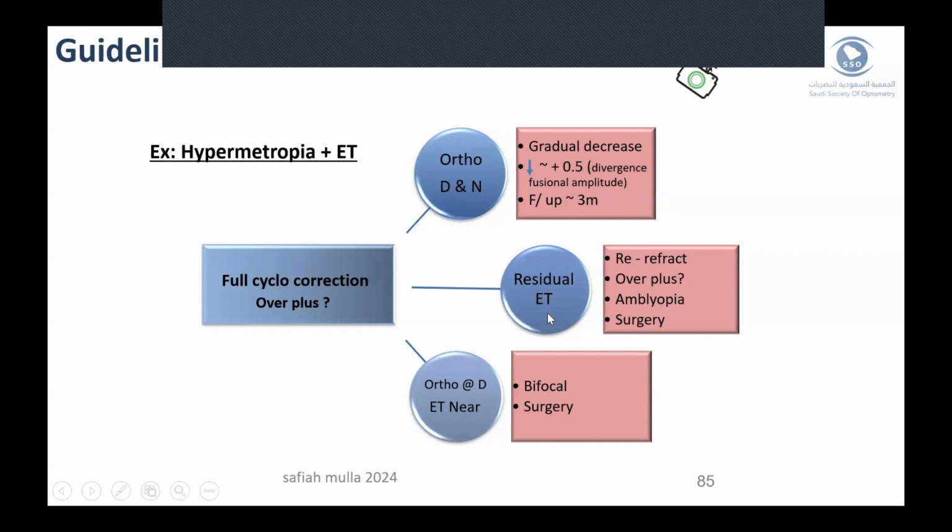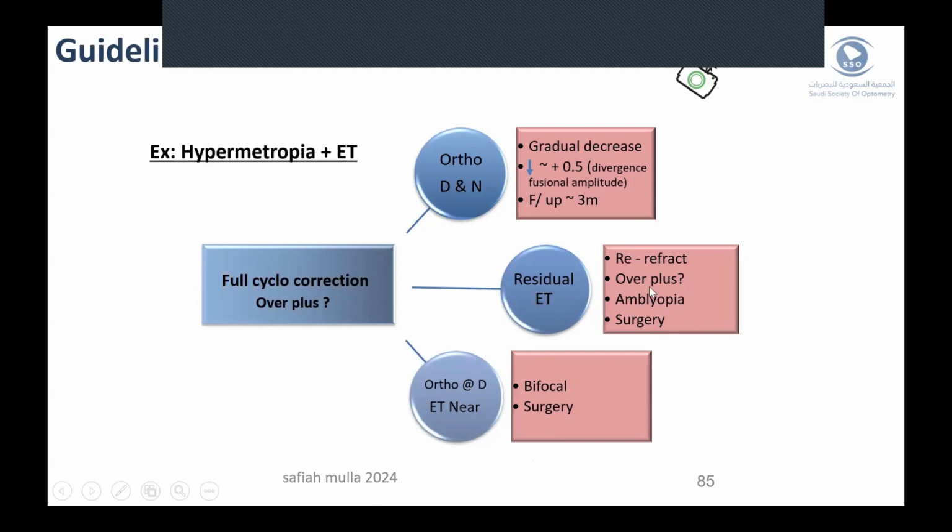Let's say the child came to you in the next visit, but he has residual esotropia. He still has some esotropia. The esotropia is less, but he still has some. Then you may do a re-refraction because maybe your refraction was wrong the first time, so you double check your refraction. Be sure that you give the child the proper refraction he needs. Maybe you made a mistake the first time, and it happens, sometimes because the child was uncooperative, the child was sleepy, something like that.